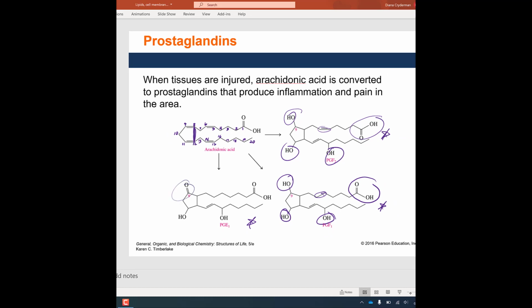Here we've got a ketone, a hydroxyl. So we've got a number of different types of prostaglandin. Each of these 3 items are involved in inducing inflammation and sending pain signals, but all of them have been formed from arachidonic acid.